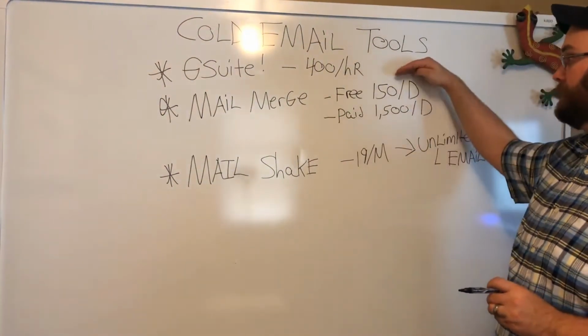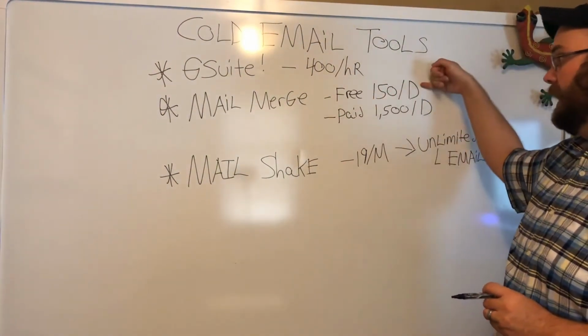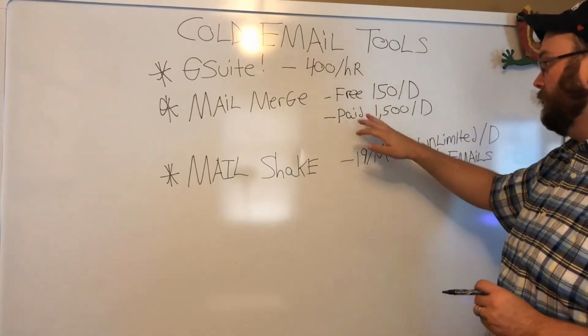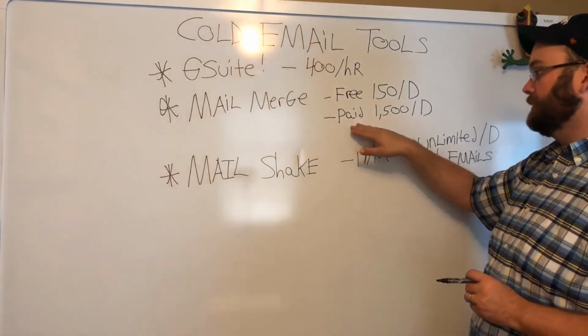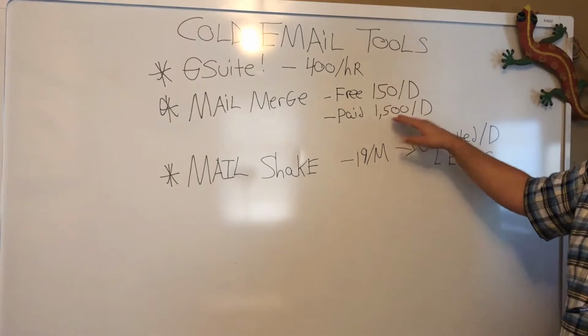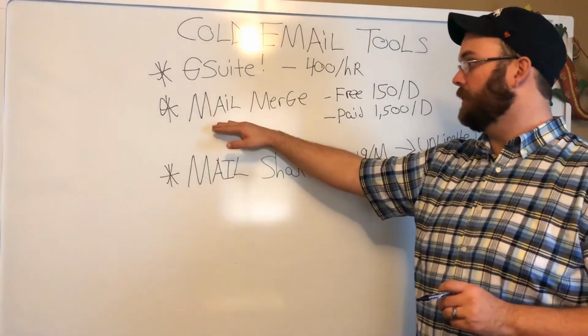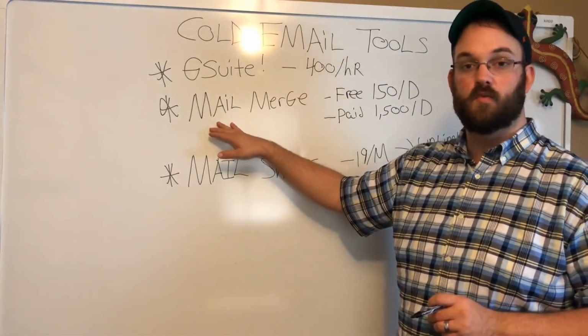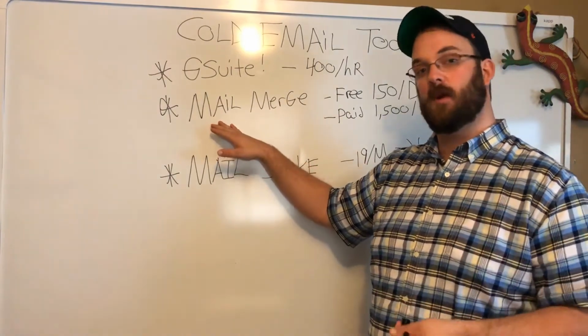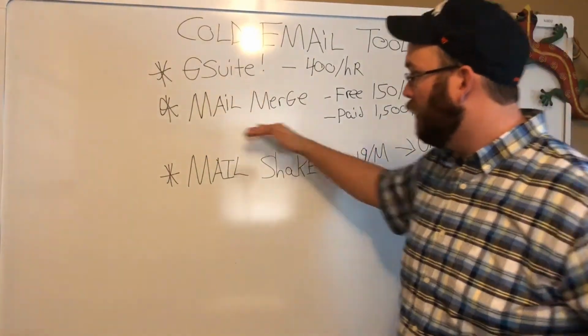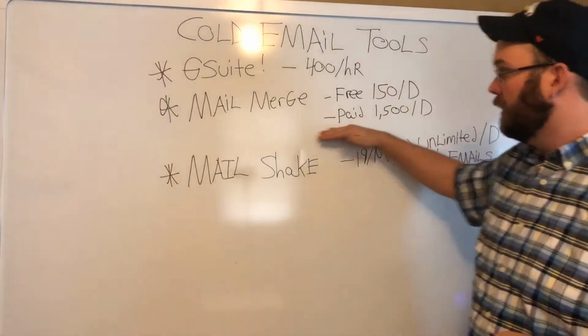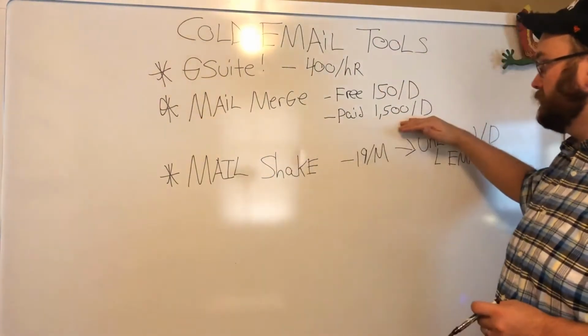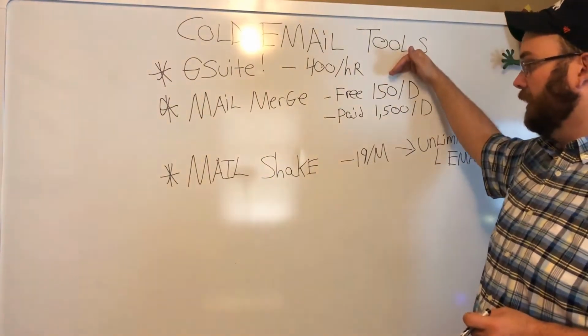MailMerge has a free opportunity at 150 emails per day sending allocation, but if you want to pay for it, it's less than $100 a year for 1,500 emails per day. The only limitation to MailMerge is the fact that you can only use one email account. So if you have Trevor@google.com, only that one email can work with this subscription or with this free quota.